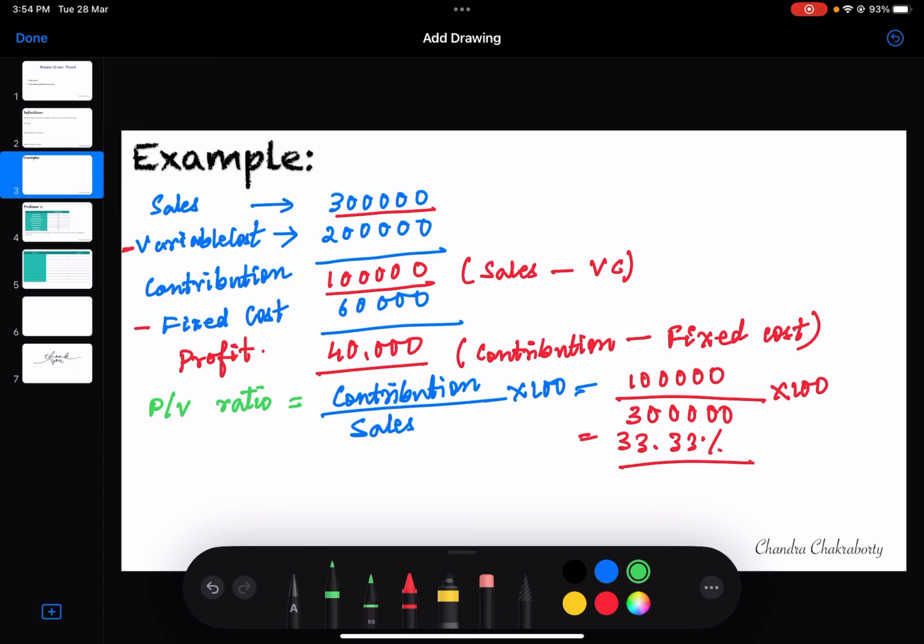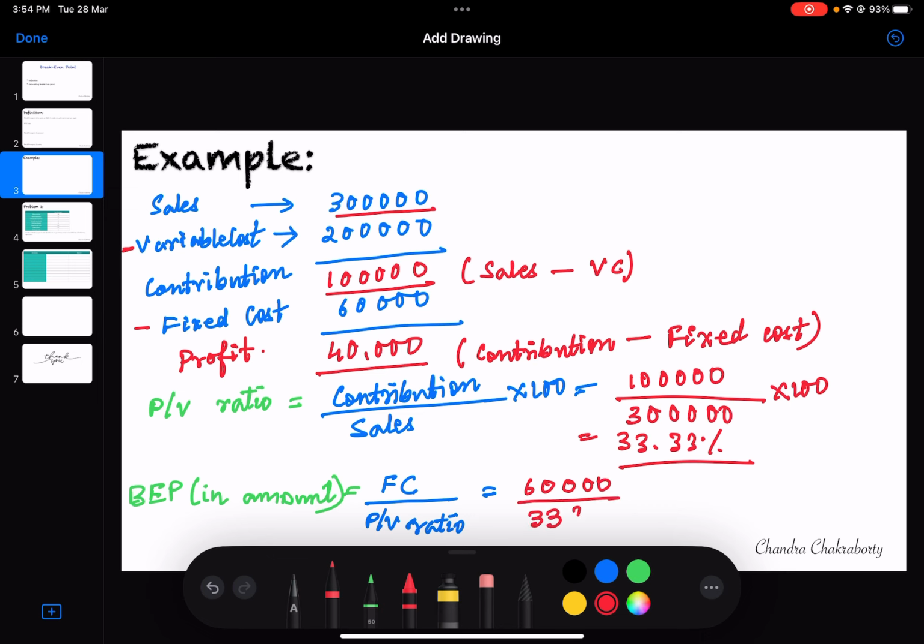Now let's come to break-even point, BEP, in amount. So how will you do that? Break-even point in amount is equal to fixed cost by PV ratio, right? So this will be equal to fixed cost here, 60,000, by PV ratio, 33.33, so we will have 100 here, right?